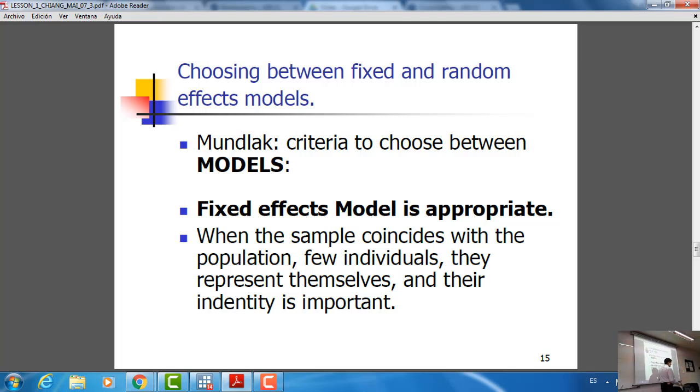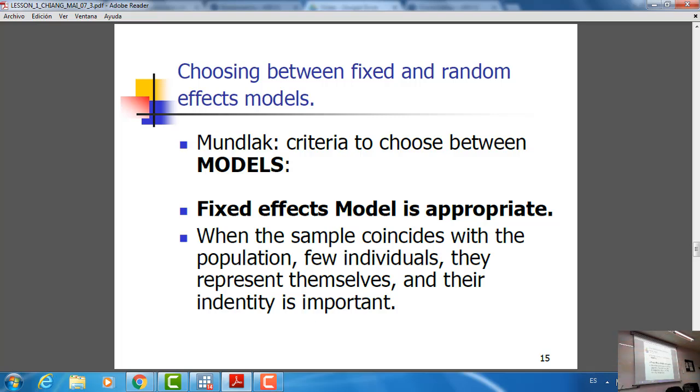Then choosing between models is something that you have to do. But remember, when we are talking about choosing between models, we are not talking about choosing estimation techniques or choosing data.